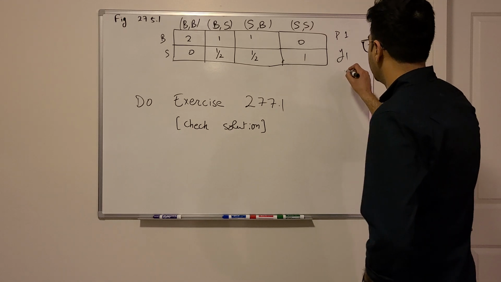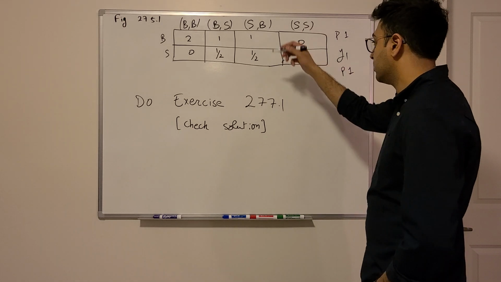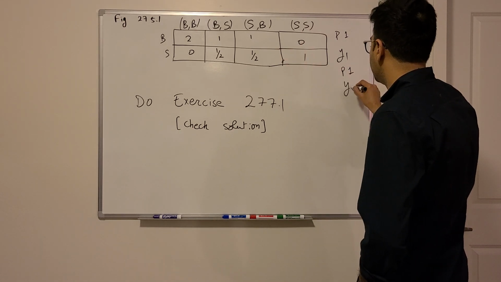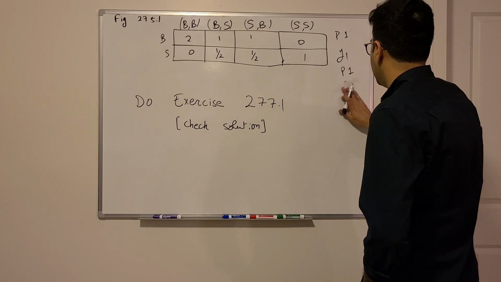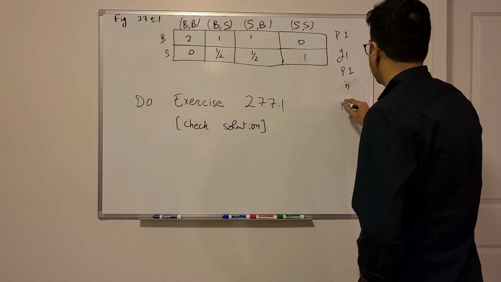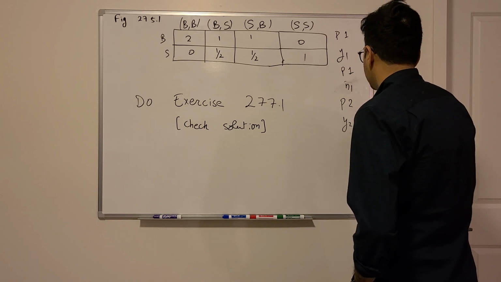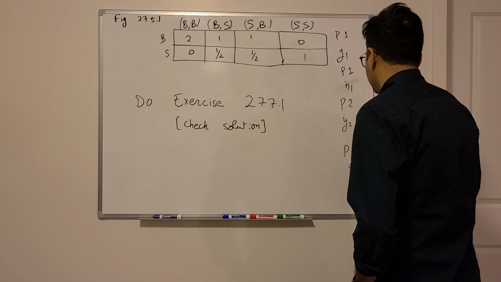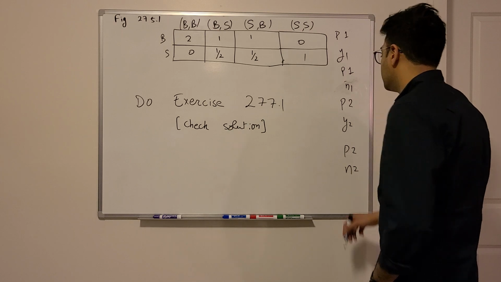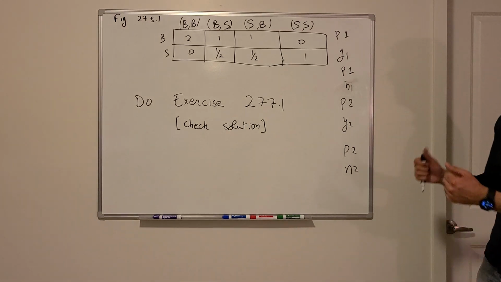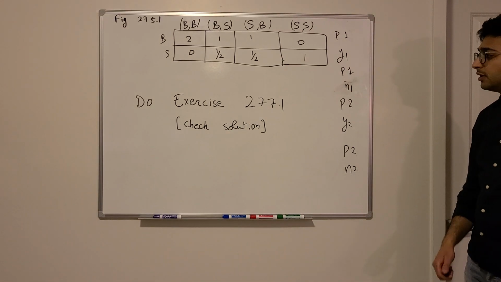The other matrices will be player 1's expected payoff when she observes n1, player 2's expected payoff when she observes y2, and player 2's expected payoffs when she observes n2. So that is what I want you to draw out.